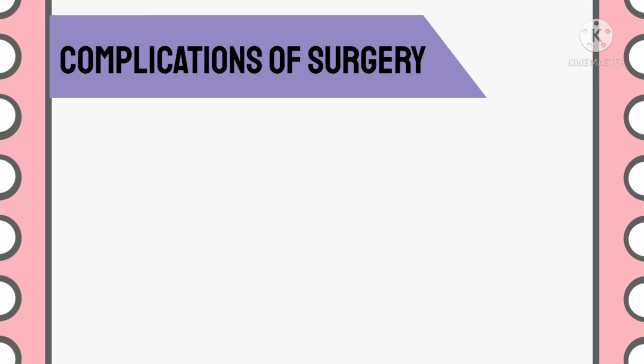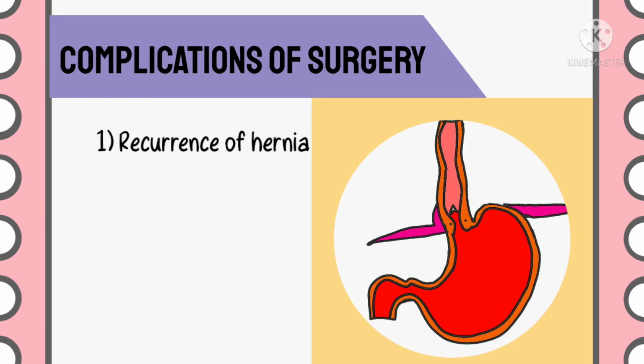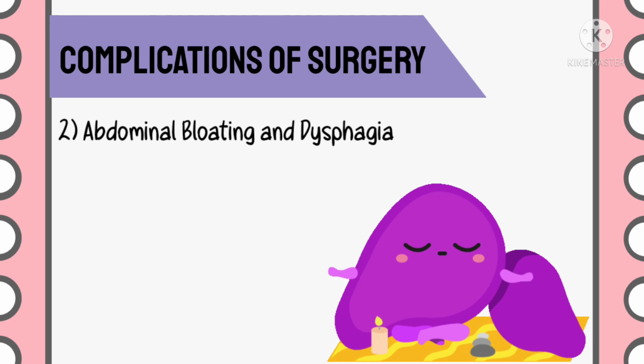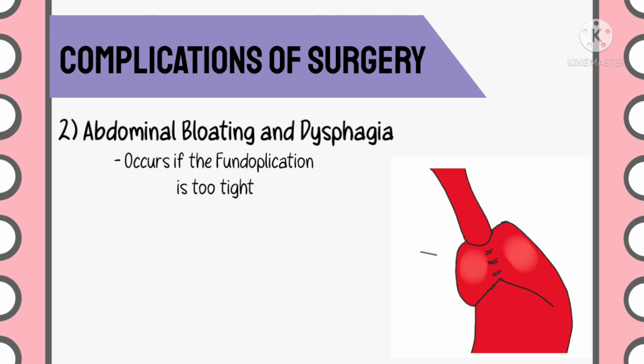Let us finally discuss the complications of the surgery. First, recurrence of the hernia may occur as the muscles may loosen again. Abdominal bloating and dysphagia are very common, especially if the fundoplication is too tight.